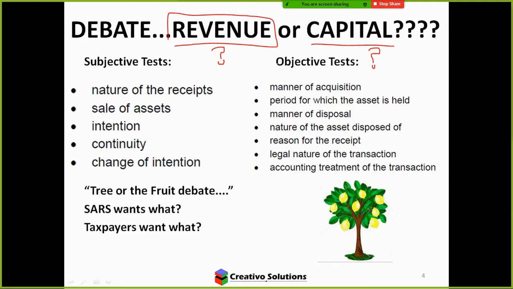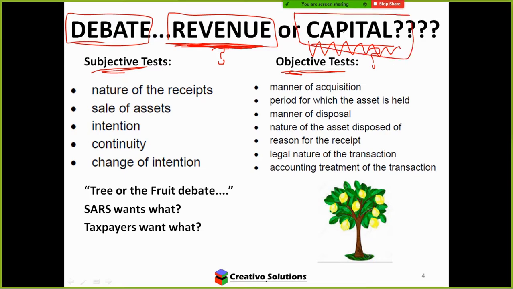Yes. So this is a recap slide because sometimes it can be a debate, because obviously SARS is going to want to view everything like revenue and companies want to view everything like capital, because companies get some benefit if they look at capital rather than revenue. Right, revenue must be included, so SARS would want everything to be considered revenue.